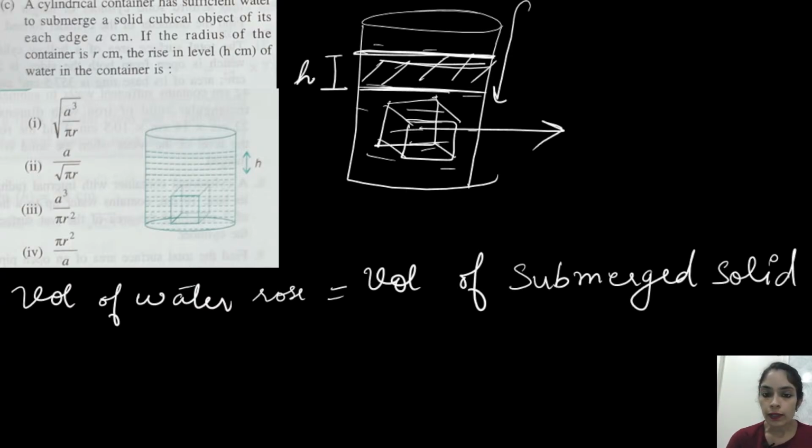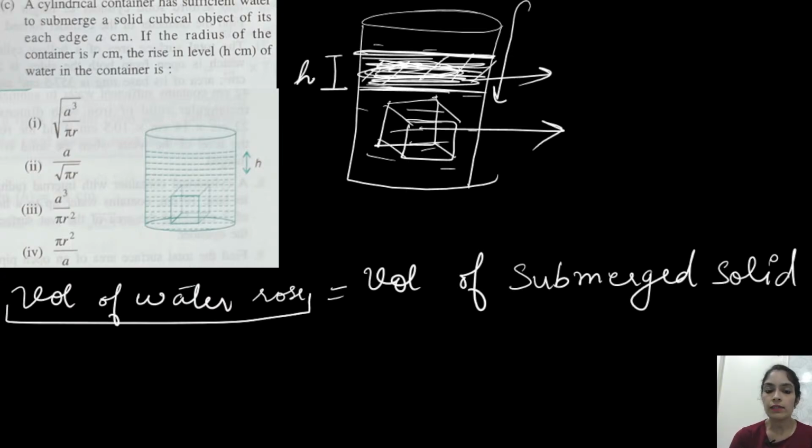See, this water which has risen here is in the shape of a cylinder. So for this one we have to apply the formula of volume of cylinder, which I have given you: volume of cylinder is pi r square h.